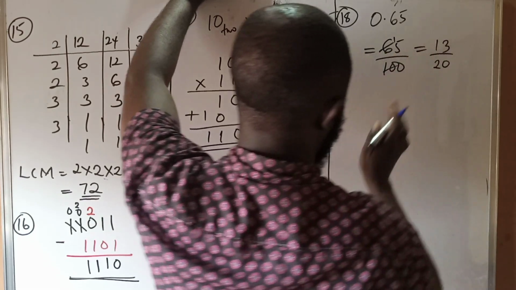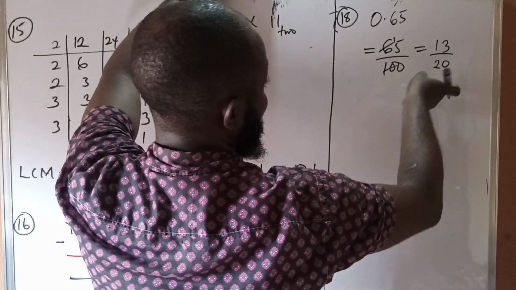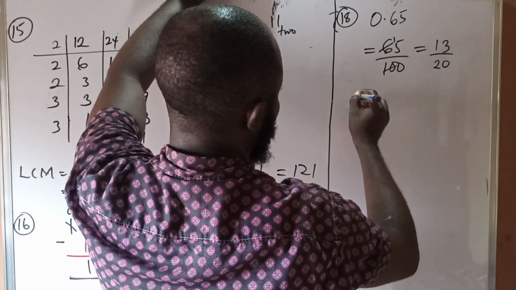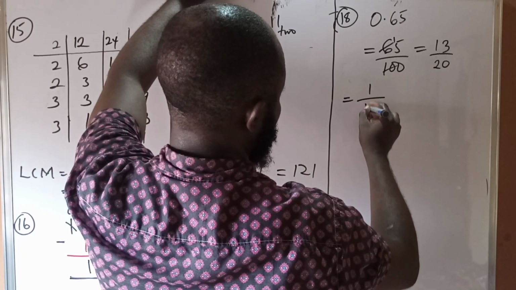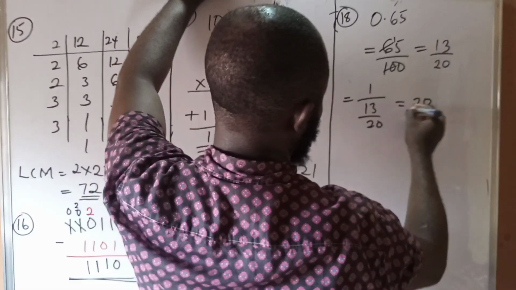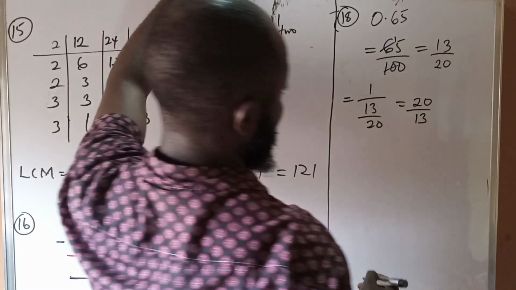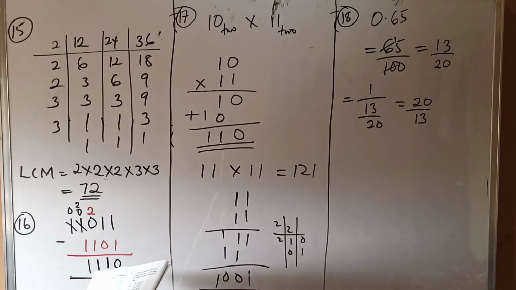So this is what we have now. We want to find the reciprocal of this, which is just the inverse. The reciprocal will then be 1 divided by 13 over 20, which gives us 20 over 13.